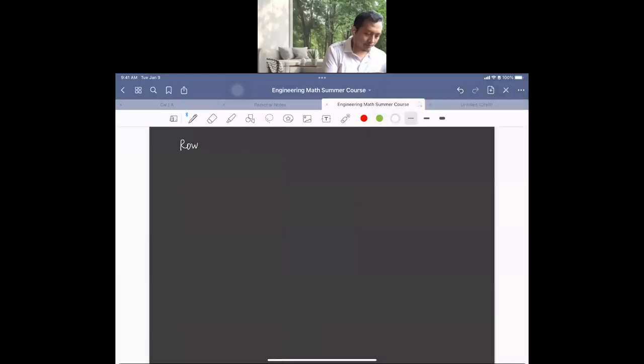So we can call this the row reduction. For example, let me write matrix A as 6, 2, 7, -4, -3, 2, 2, 4, 8.